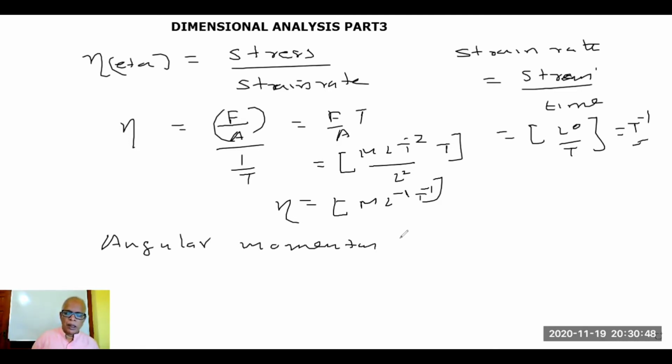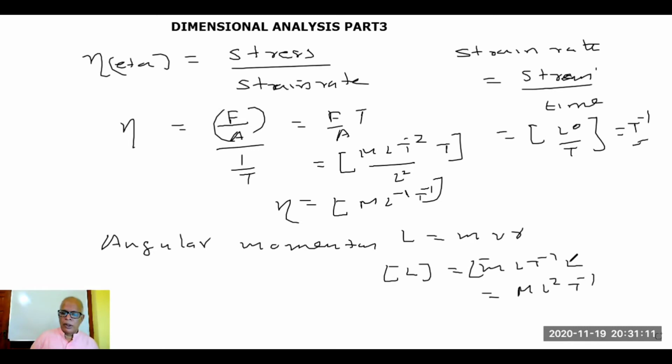Represented by L. L is equal to M into V into R. So what is L? L is angular momentum. L dimension is M into L T minus 1 into L, M L square T minus 1. Okay. Very important dimension. M L square T minus 1.